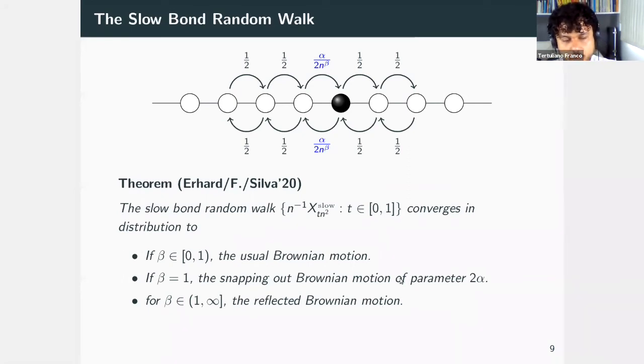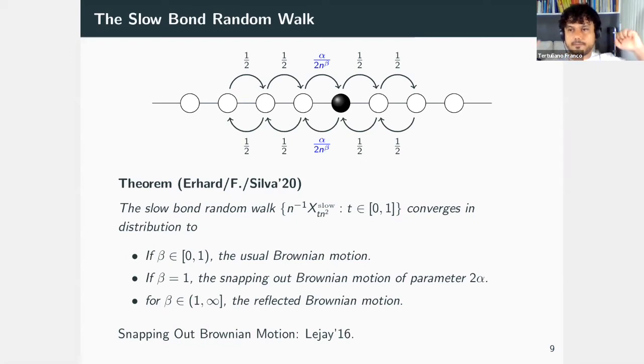And what is the snapping out Brown motion? It's called the SNOB. The SNOB is a recent Brown type process, constructed by Antoine Lejay in 2016. It can be defined as follows. It's a one-dimensional process.